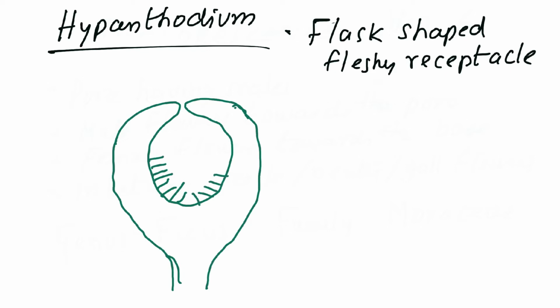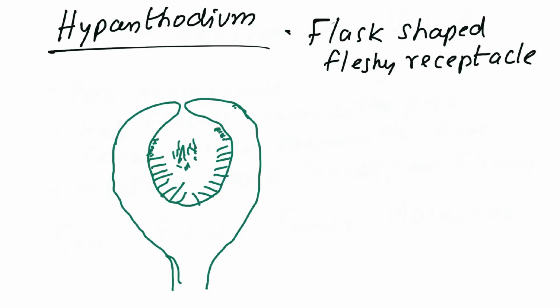Let's have a look at the characteristic diagram of Hypanthodium. You have the receptacle, which is something like a flask shape, which means that there's an inner part. And on the inner part, on the bottom portion, you have the quite substantially looking, very easily distinguishable female flowers.